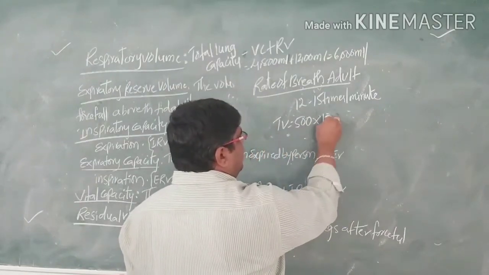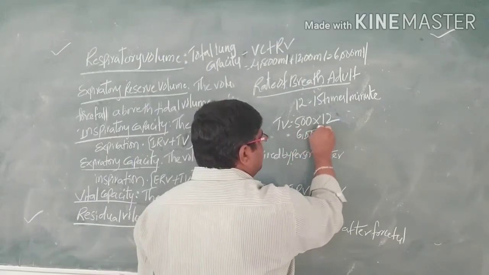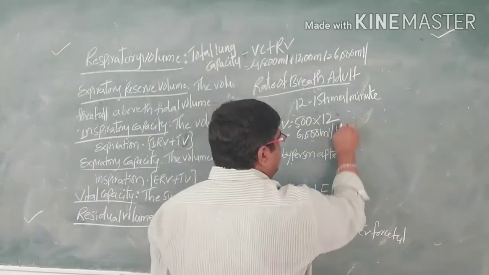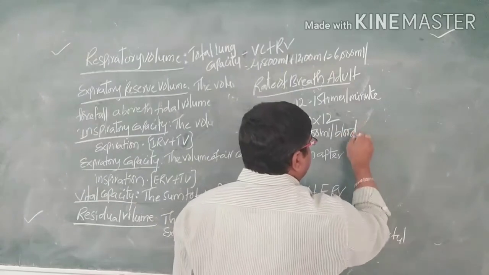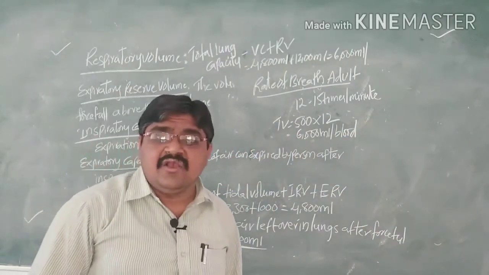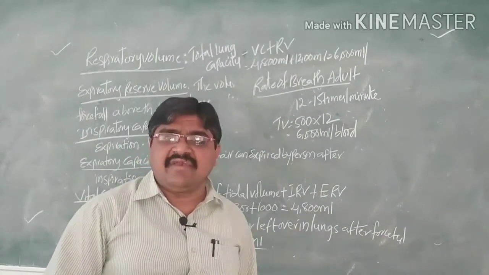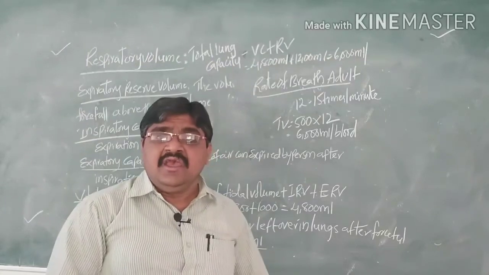So here we get 6000 ml of blood circulated throughout the body, where the exchange of carbon dioxide and oxygen takes place in normal breathing.